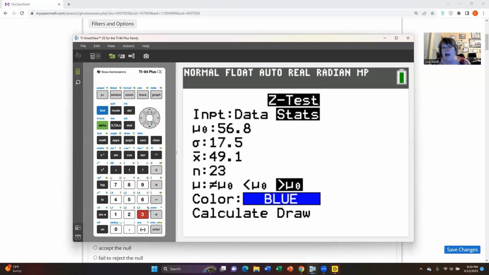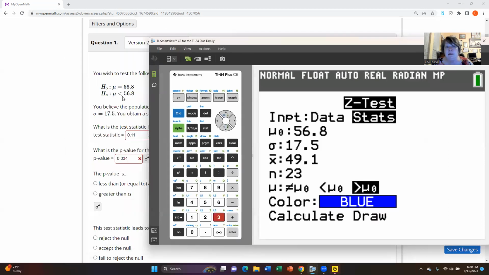All right, now how do I decide if I use not equal to, less than, or greater than in this line? It's based on the alternative hypothesis. If I go back and look at the alternative hypothesis, it is less than, so that is what I'm going to choose. I'm going to highlight the less than and hit enter.